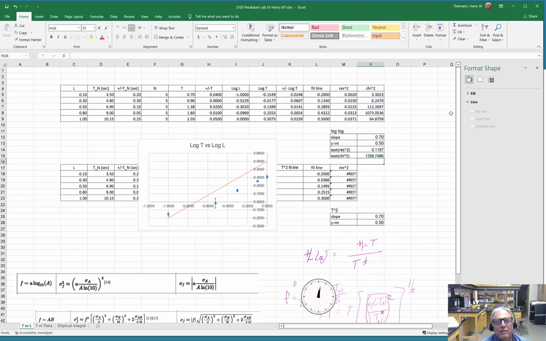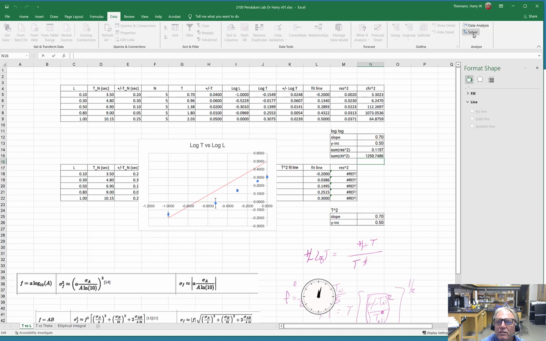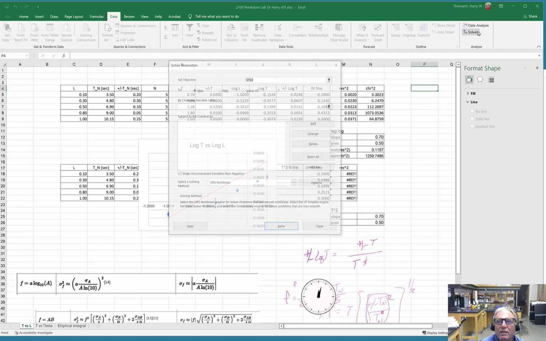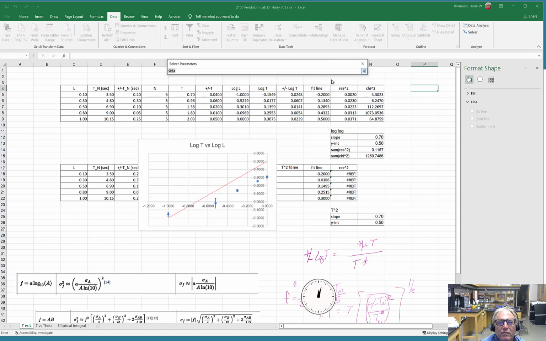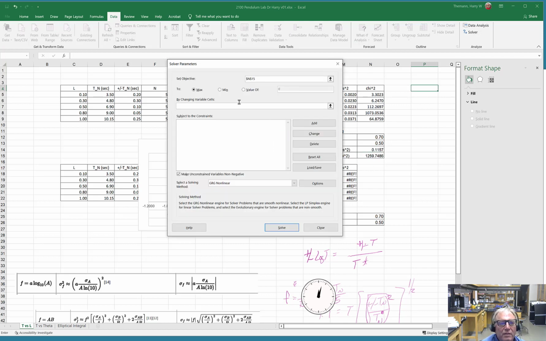And now we'll use the solver to, oh, what's wrong? It's seemingly unhappy. Why? Oh, well. So minimizing the sum of the chi-square this time.